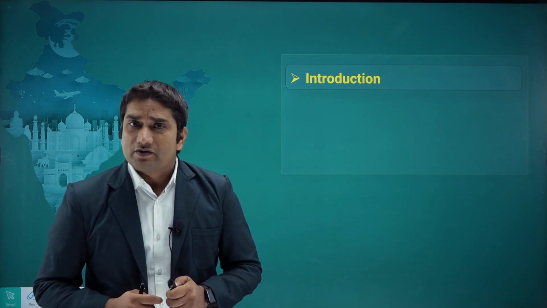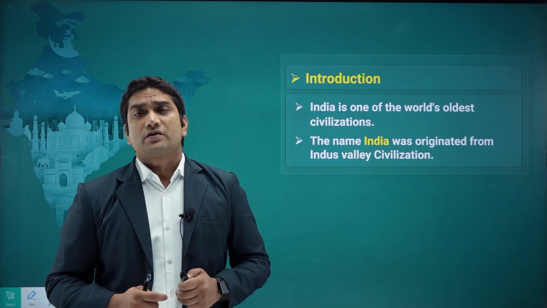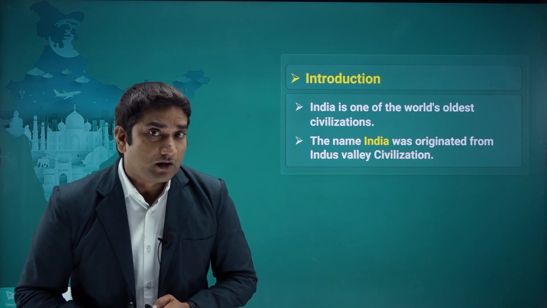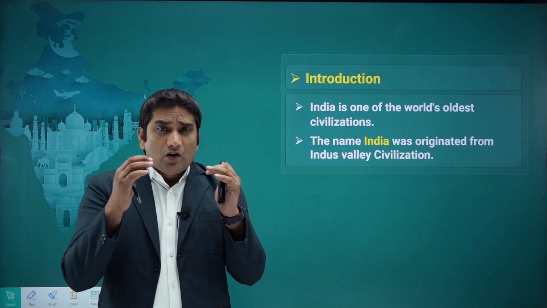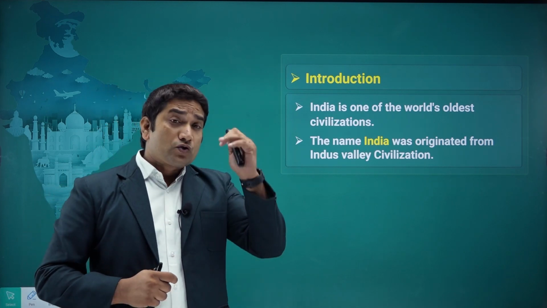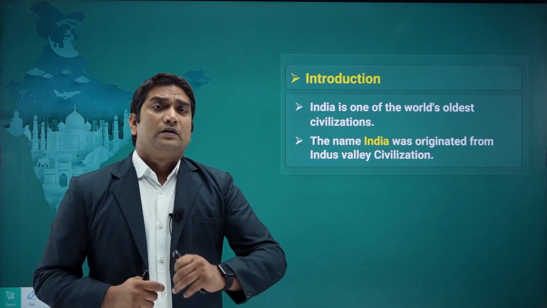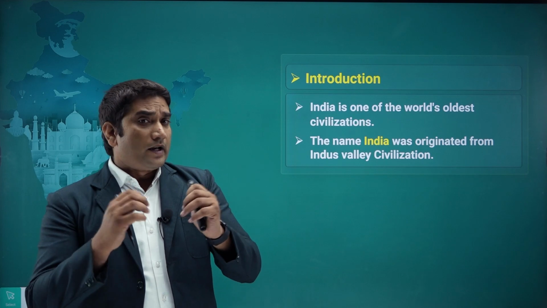First we'll start with the introduction, that is, how the name of our country originated. It is basically a part of history, but we say that India is one of the oldest civilizations in the world, and the name India originated from the Indus Valley civilization. Many geographers and scholars have given their views related to the name of India.